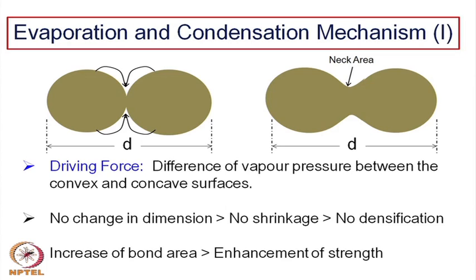Now, what is the driving force for evaporation condensation? We have already seen that there is a difference of vapor pressure between the convex and the concave surfaces. Just because the change of curvature sets up a driving force.